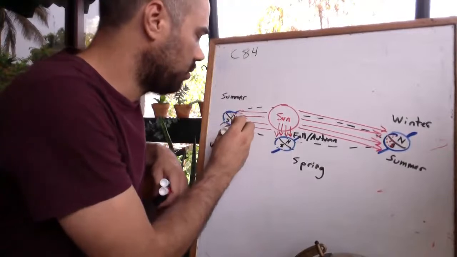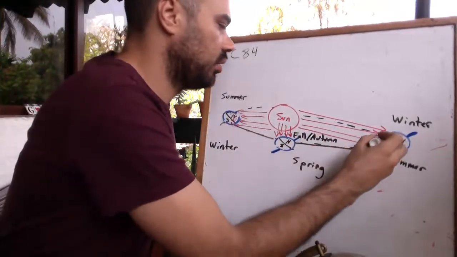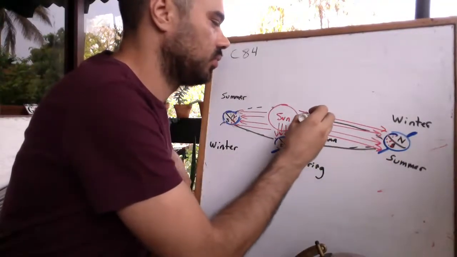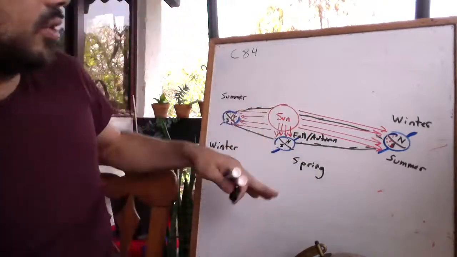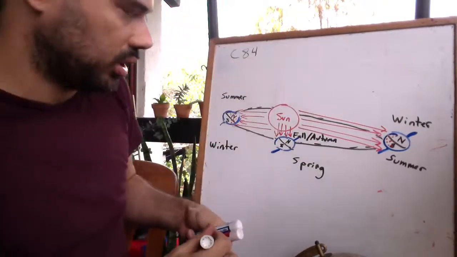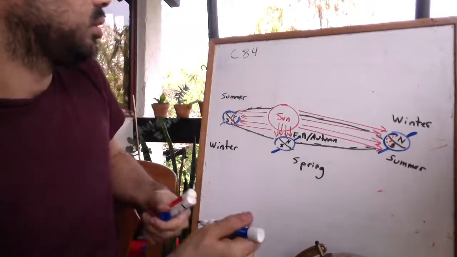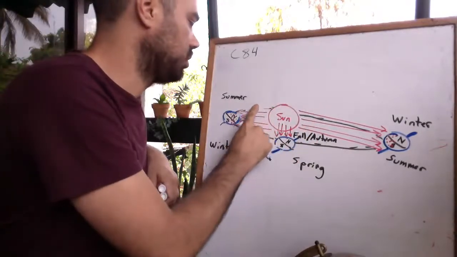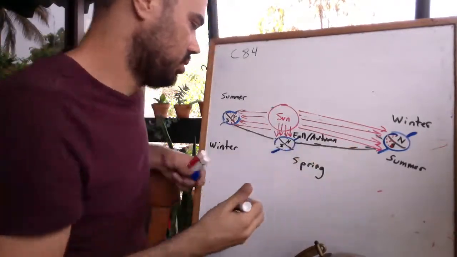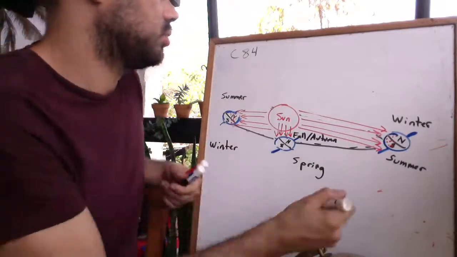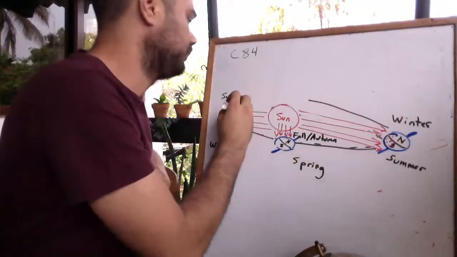Now, let me put the orbit again. So now we have to imagine that we are on the other side. Let me make the orbit a little bit farther then.